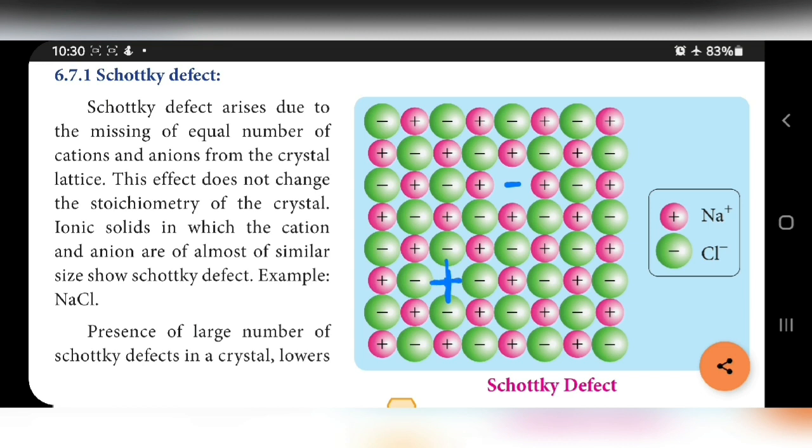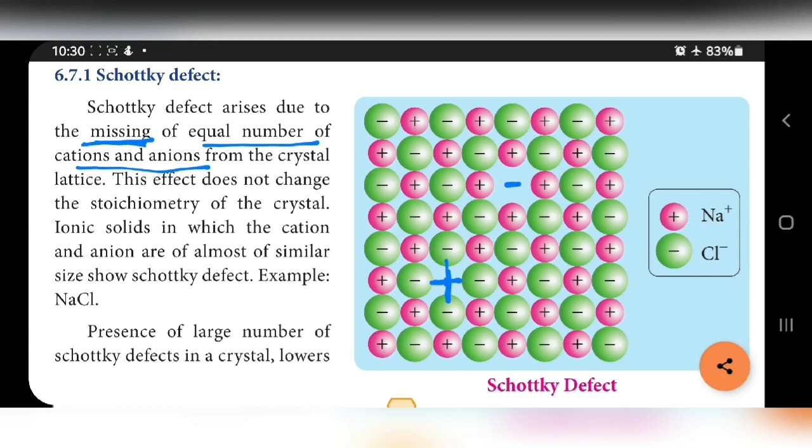So here the number of missing cations is equal to the number of missing anions. So Schottky defect arises due to missing of an equal number of cations and anions. If one cation is missing, for balancing, one anion is also missing.